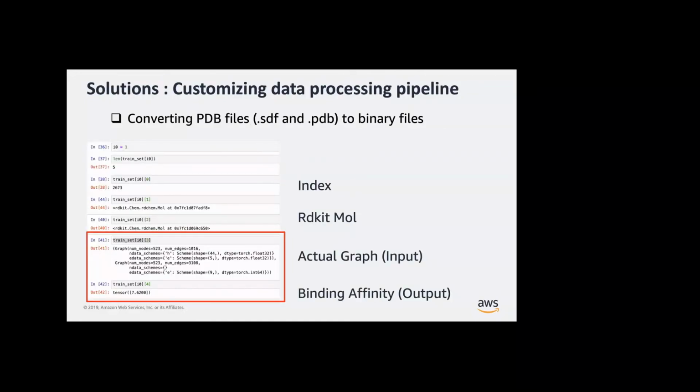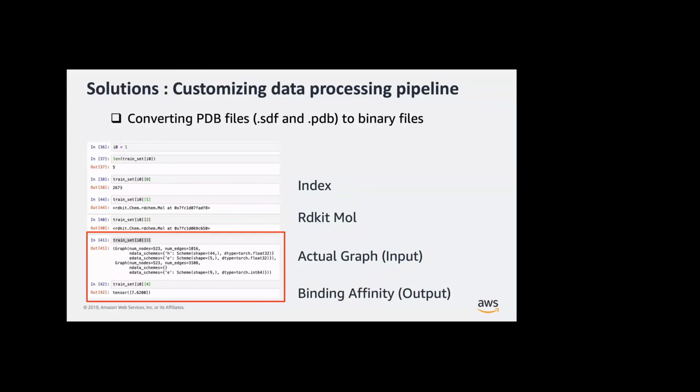First, customizing the data processing pipeline. This is basically converting the SDF and PDB files to a binary file. The original script from DGL Life Science loads the data directly from the files, in which the extensions are either SDF or PDB.